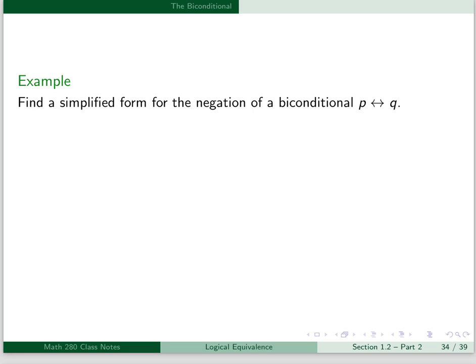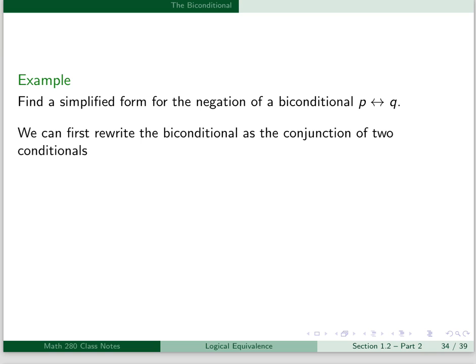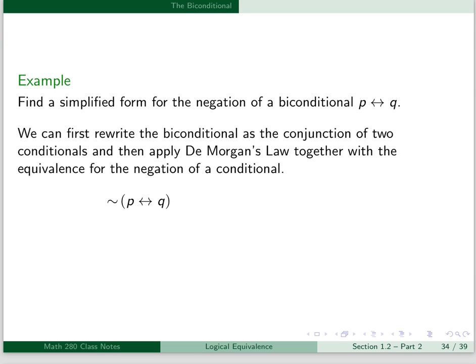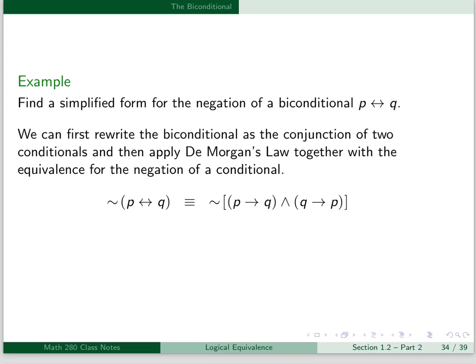For our next example, we want to find a simplified form for the negation of a biconditional, P if and only if Q. We can first rewrite the biconditional as the conjunction of two conditionals, and then apply De Morgan's law together with the equivalence for the negation of a conditional. So the negation of P if and only if Q is logically equivalent to the negation of the quantity P implies Q and Q implies P. Now this is the negation of an and statement.